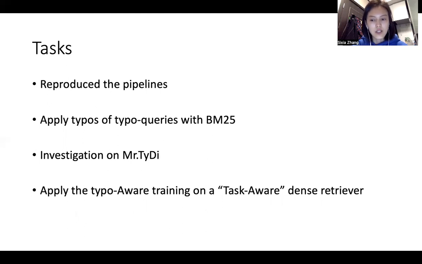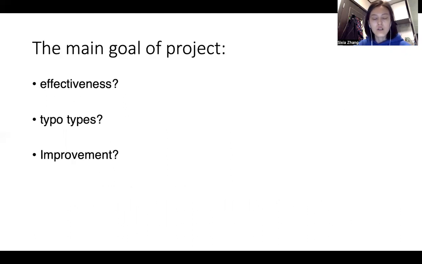The third task is an investigation on a multilingual dataset for the typo-aware dense retriever. And lastly, we apply the training to the state-of-the-art dense retriever, which is called task-aware, and see whether there is any improvement for this kind of dense retriever.